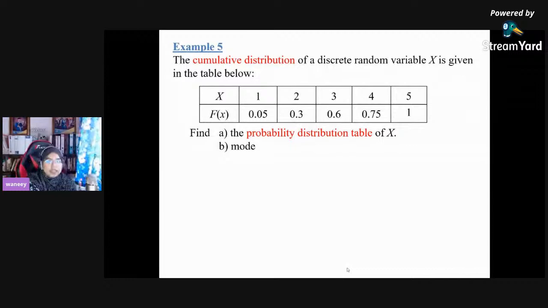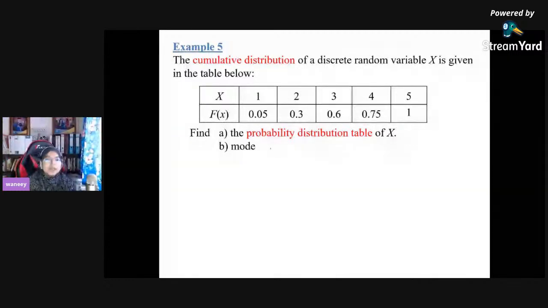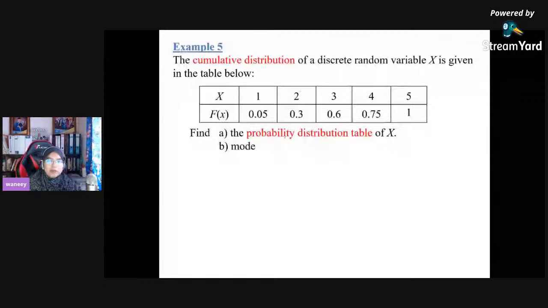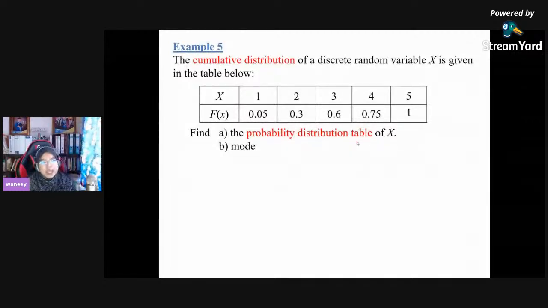So based on the data, for the mode, we have the highest frequency. So the highest frequency means that you are going to have the highest probability as well. Okay, so therefore, from the probability distribution table, we're going to see where can we get the highest probability.